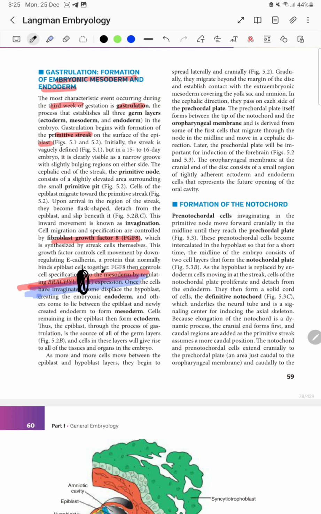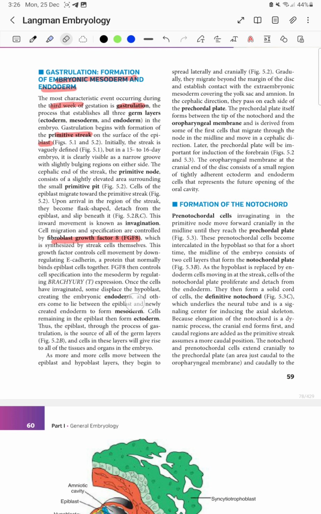Somewhere in this portion there is the primitive streak. So cells from the epiblast go downward, and they displace the cells of the hypoblast.